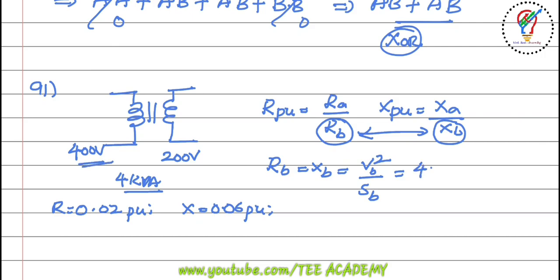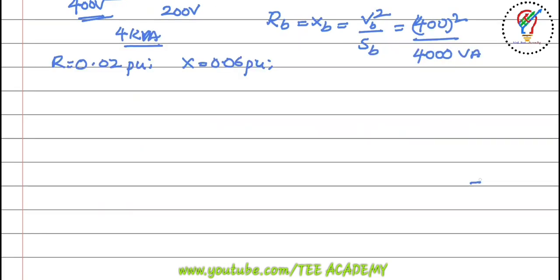It is 400 squared divided by the base value of 4000 VA. So 4 kVA is 4000 VA and the voltage is 400 squared. If we solve this, you get 40. The base value is in ohms.